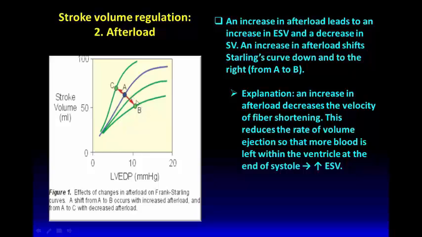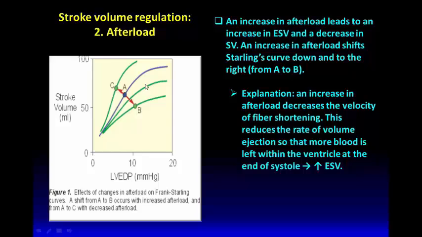So these are Starling's curves with increased left ventricular afterloads. Of course, this curve should have higher afterload than this curve.